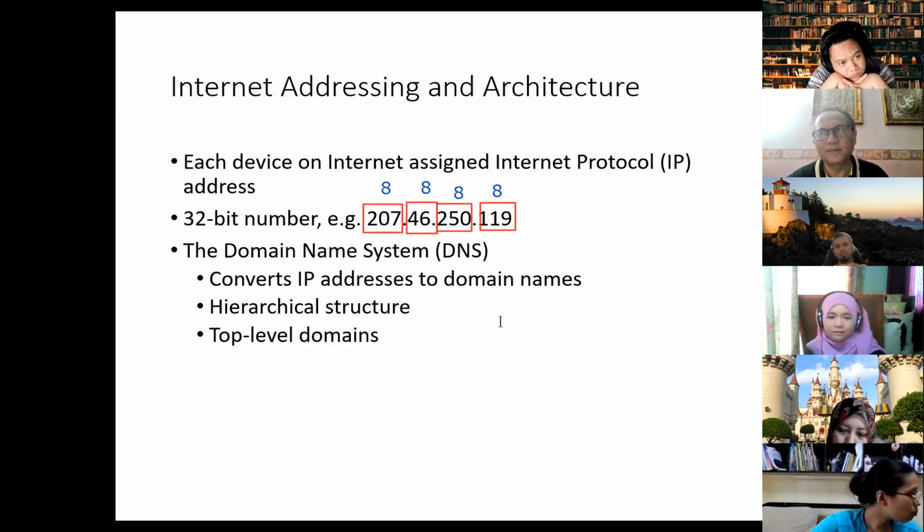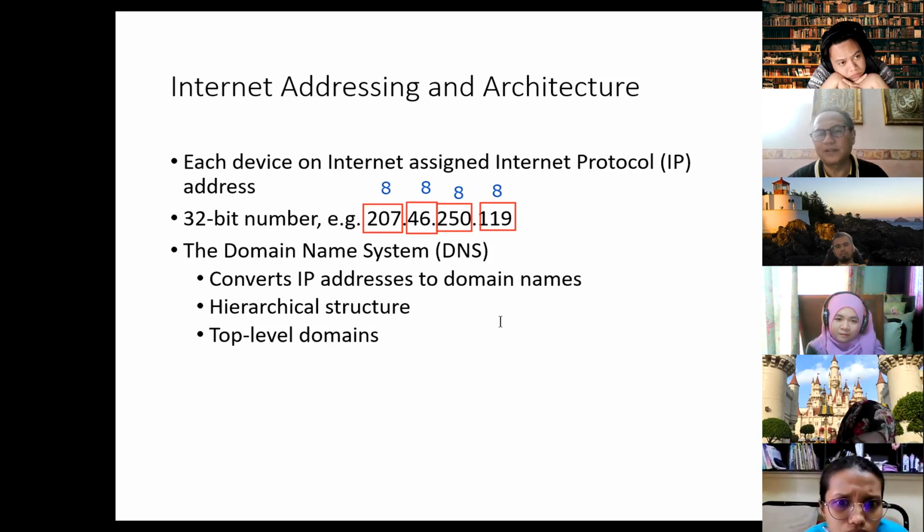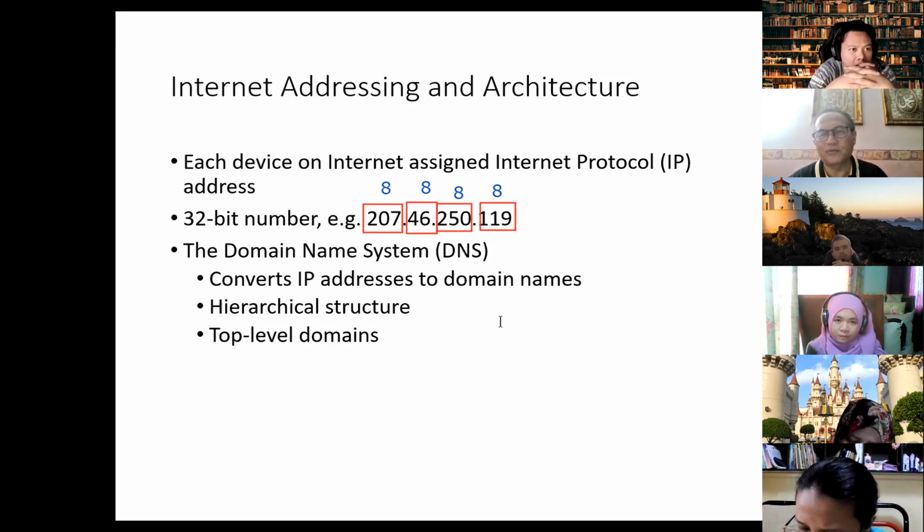You add 128 plus 64 plus 32 plus 16 plus 8 plus 4 plus 2 plus 1, and you have 255 maximum. So the maximum we can go is 255.255.255.255. That is the maximum we can go.